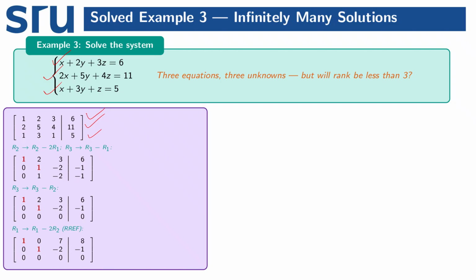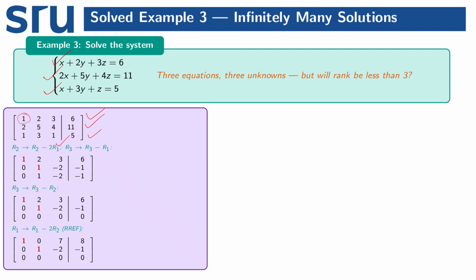Now we simplify. We need to make 0 below the first pivot entry. The first pivot entry is the first non-zero element in the first row. So we apply the operation row 2 changes to row 2 minus 2 row 1.